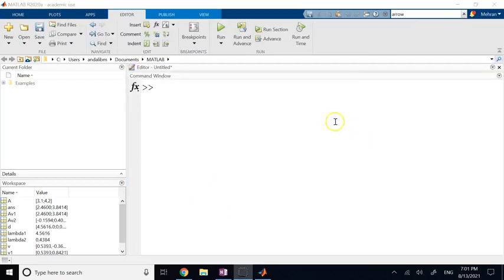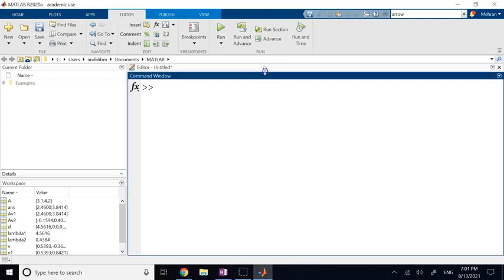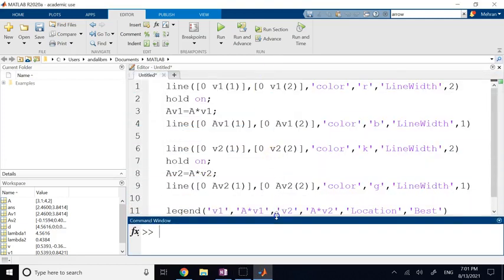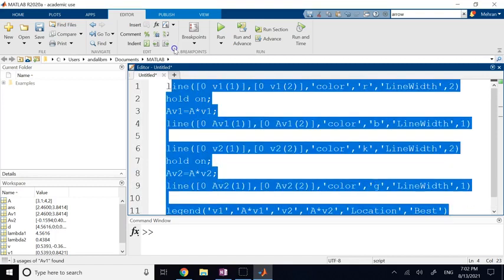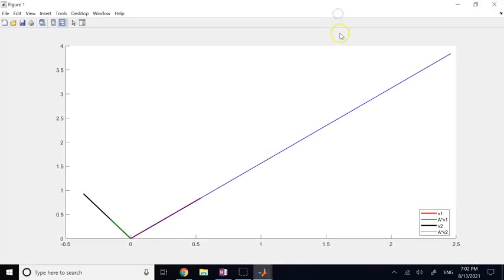So here I wrote a code to help you visualize this. So here I have a V1 vector. I draw a line for it. I multiply A by it and show the result in a different color, and then do the same thing for V2, right? And if I do it, you can see the result here.